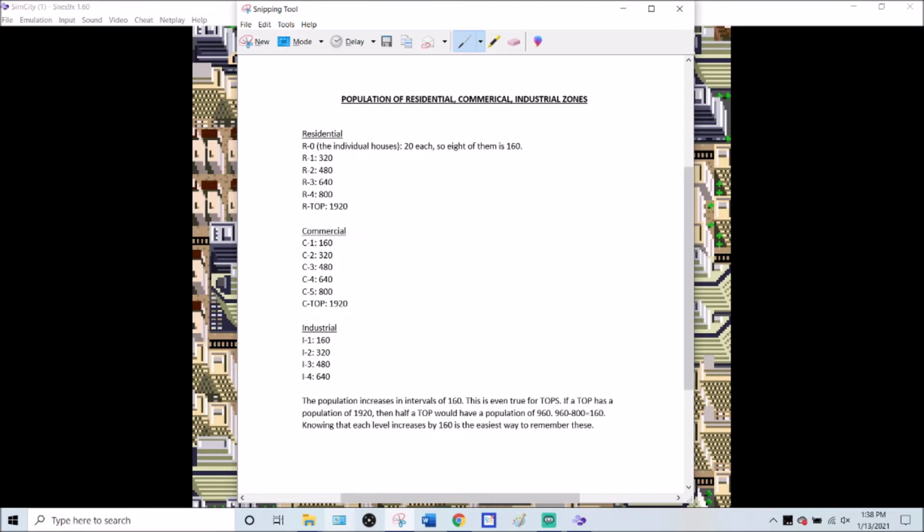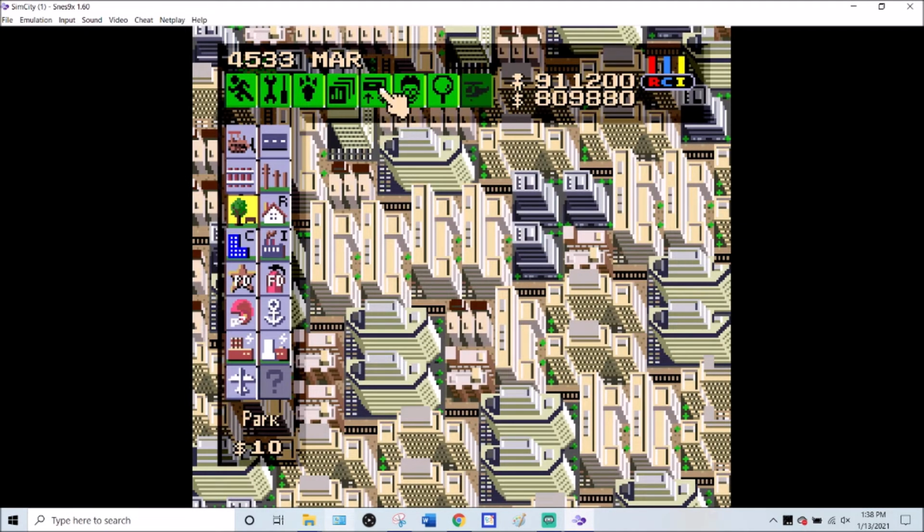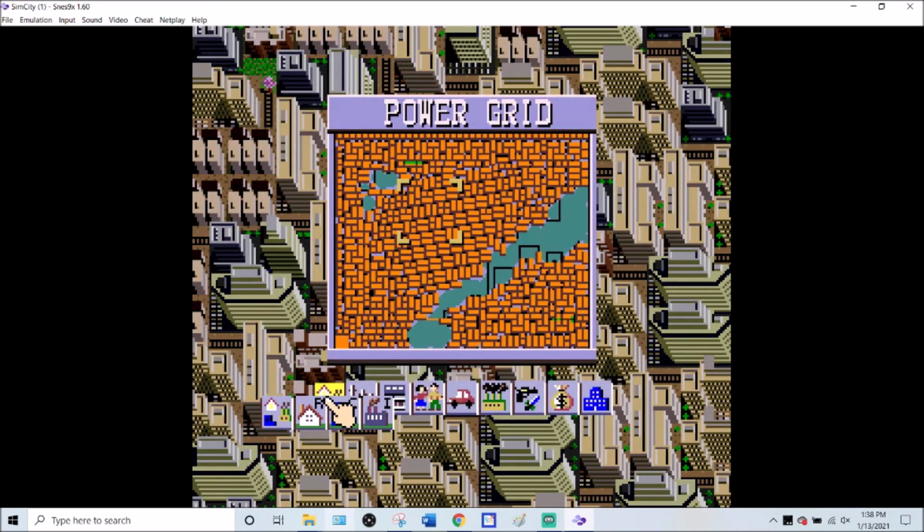Well, the reality is, when you get really high populations, the most difficult thing to do when building is maintaining commercial demands. Let me open up the map for you and show you just how many commercial zones I have.